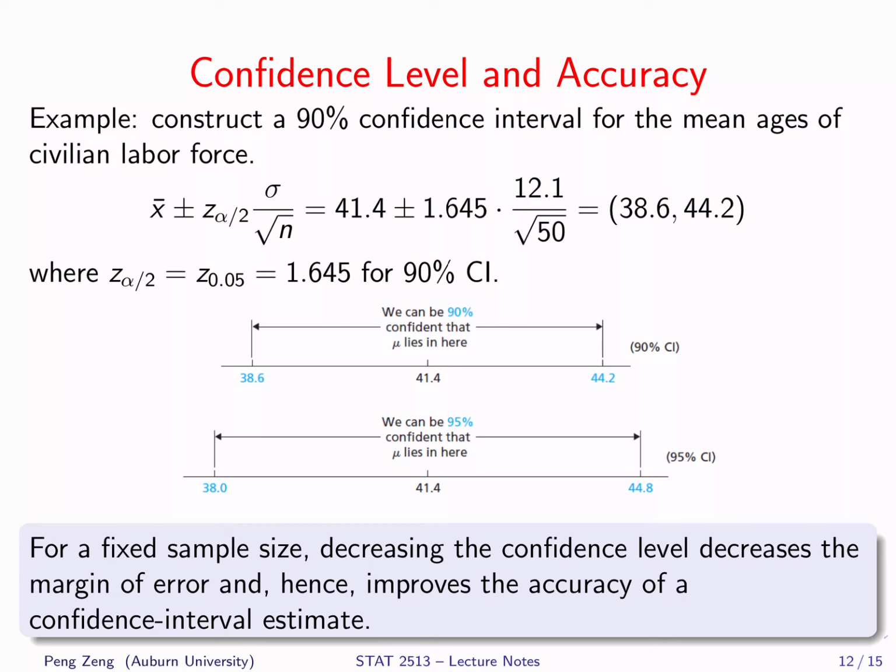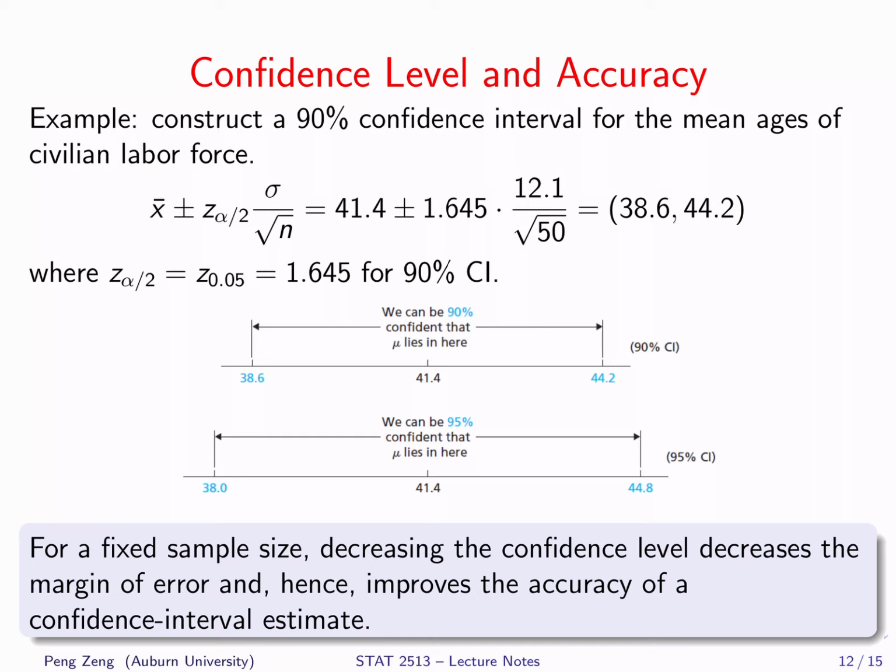Then, z alpha over 2 equals z 0.05 equals 1.645. Therefore, the 90% confidence interval is 38.6 to 44.2.